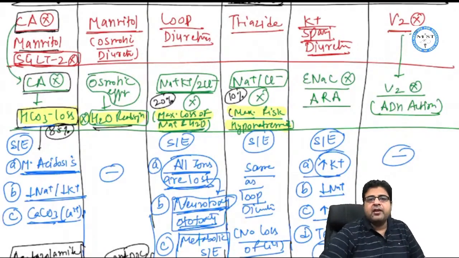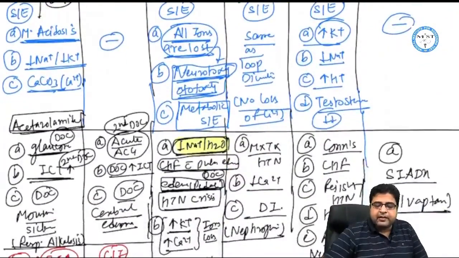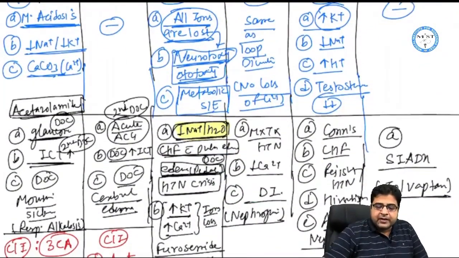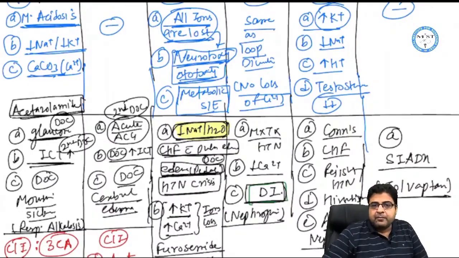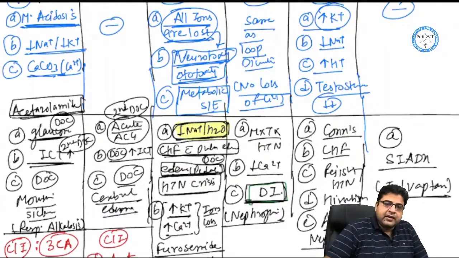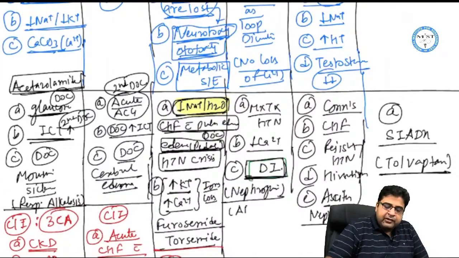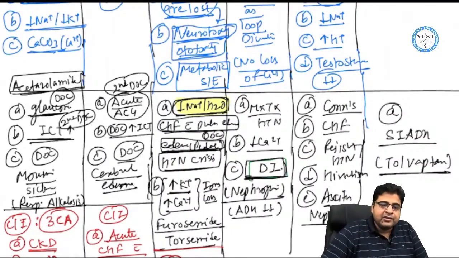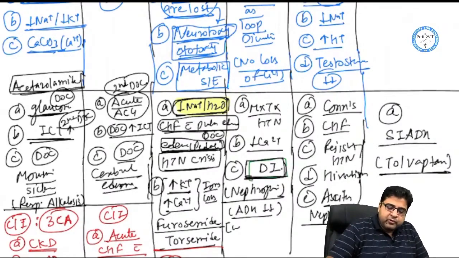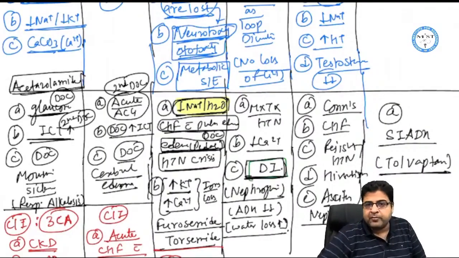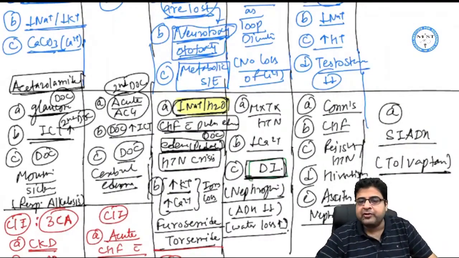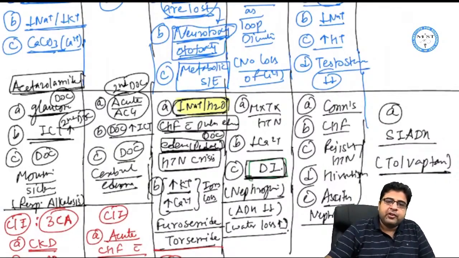If a patient is suffering from hypernatremia, the condition is diabetes insipidus. Diabetes insipidus is a condition where the patient has ADH underactivity. When the ADH is not functioning, the patient is losing water from the body, but the sodium is not getting lost, so the patient suffers from hypernatremia.